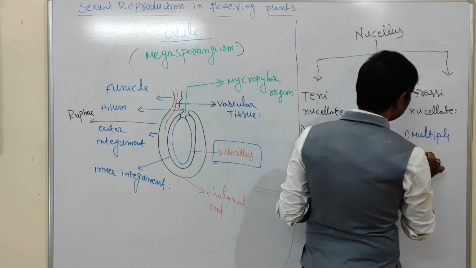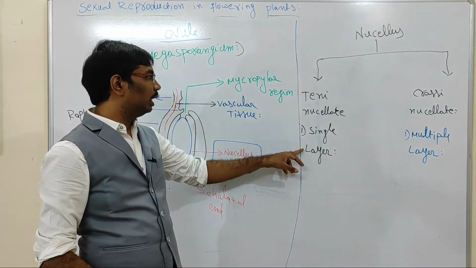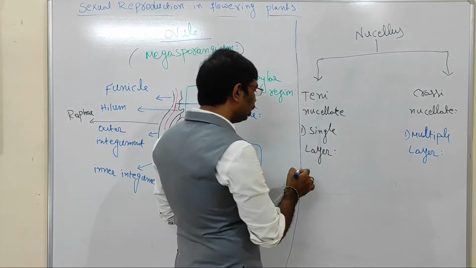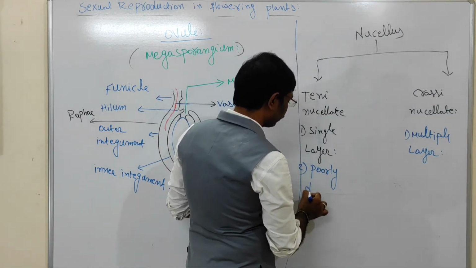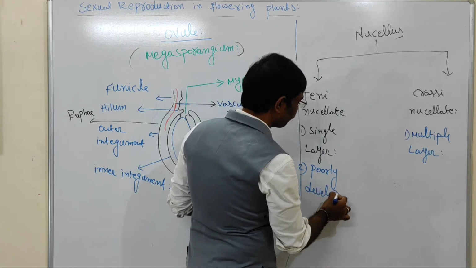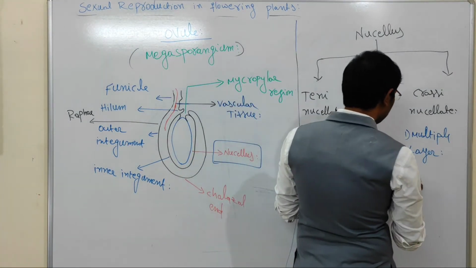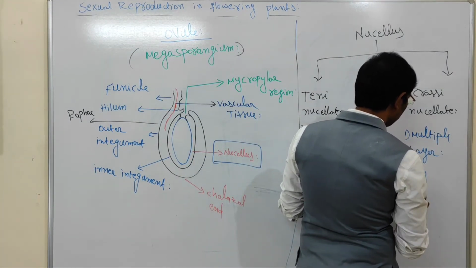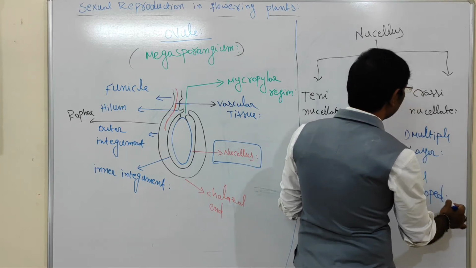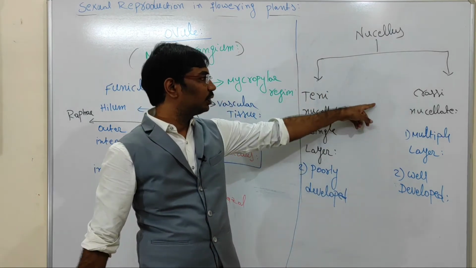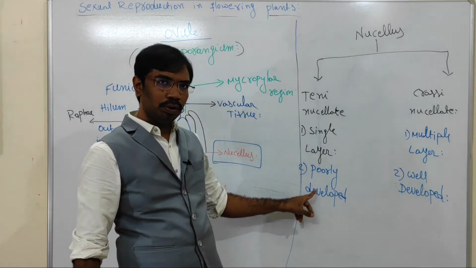Teninucellate is poorly developed, and crassinucellate is well developed. So crassinucellate is the well developed nucellus and teninucellate is the poorly developed nucellus.